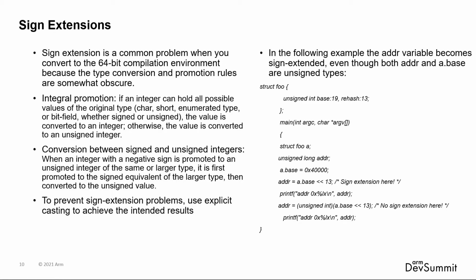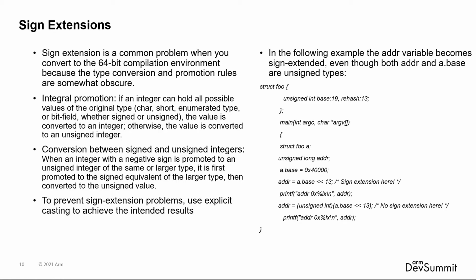When the example shown is compiled as a 64-bit program, the addr, or address variable, becomes sign extended, even though both addr and a.base are unsigned types. So we have this structure foo, which contains an unsigned integer base and a value rehash.